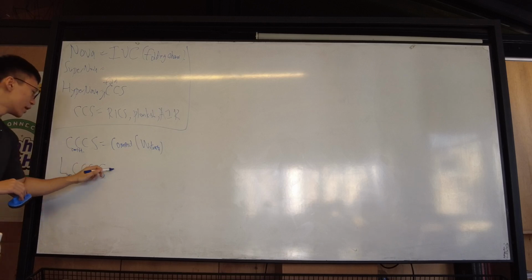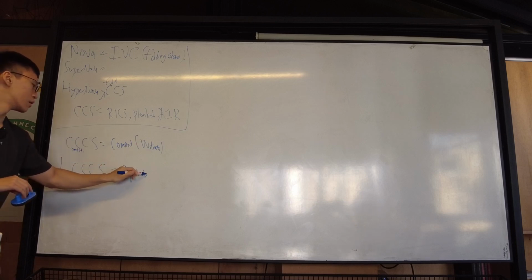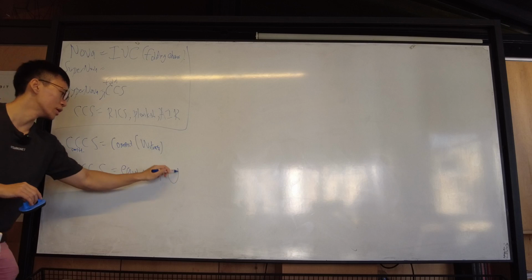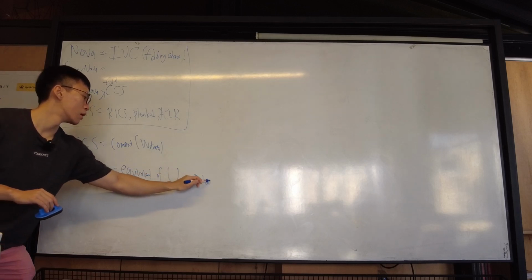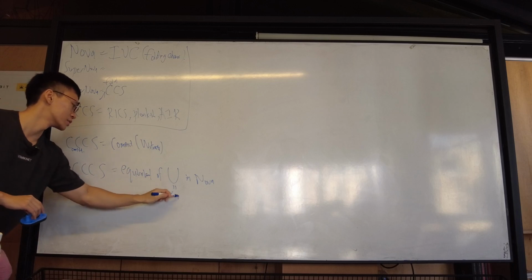And what is LCCS? It's an equivalent of big U in Nova. And for those who recall, big U is the running instance.